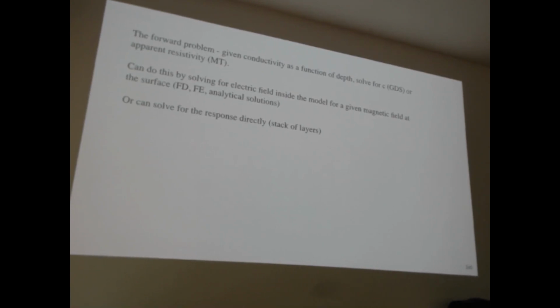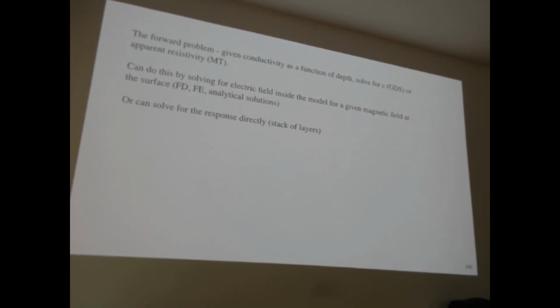So there's two basic approaches to solving the electric and magnetic fields at the top of a stack of a one-dimensional Earth. You can solve the equations I've just shown you for a one-dimensional model numerically, or you can solve for a stack of layers where the conductivity is constant within a layer.